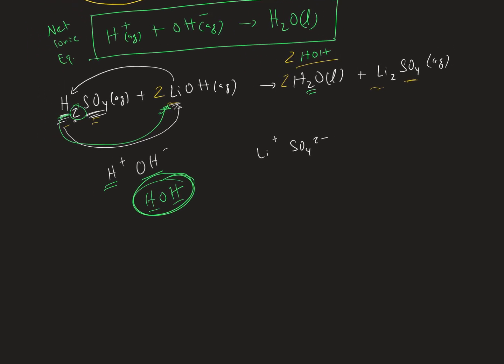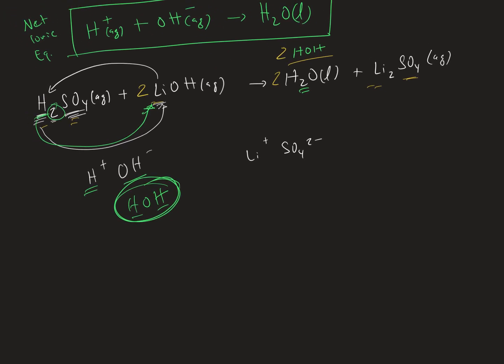So what's our net ionic equation, guys? What's our only product that forms? Water. Do I have to have two of them? According to what it says, right? And how do I get that? With two hydrogens and two hydroxides.